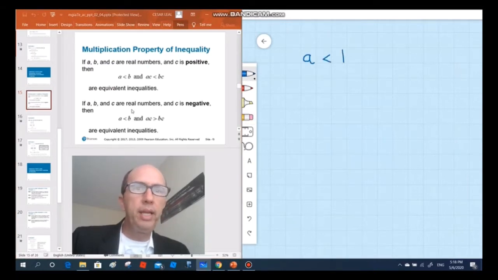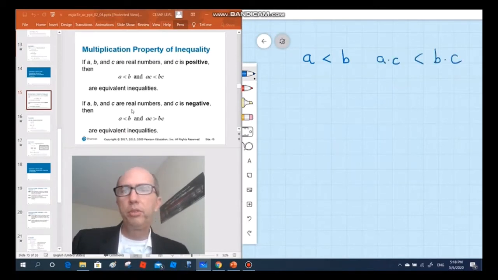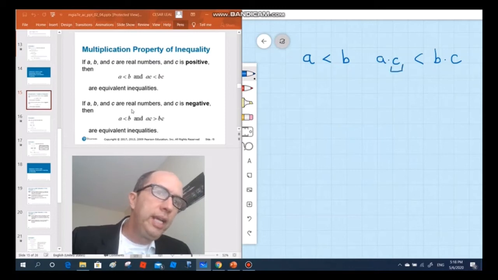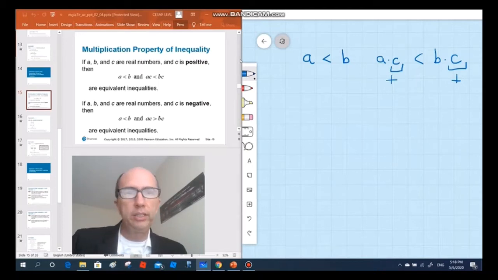If A is less than B, A times C is less than B times C. The multiplication property. But you just need to be careful now with this sign. If C is a positive number, then this is true.